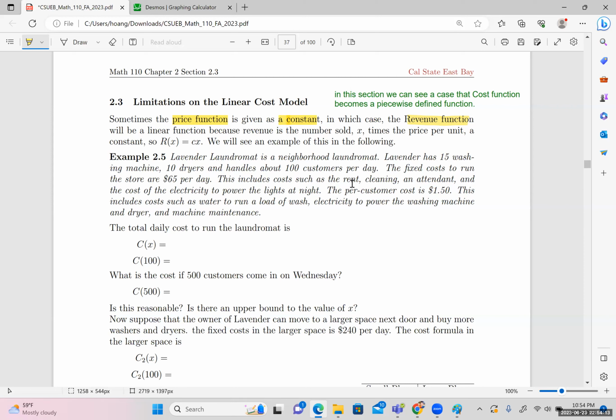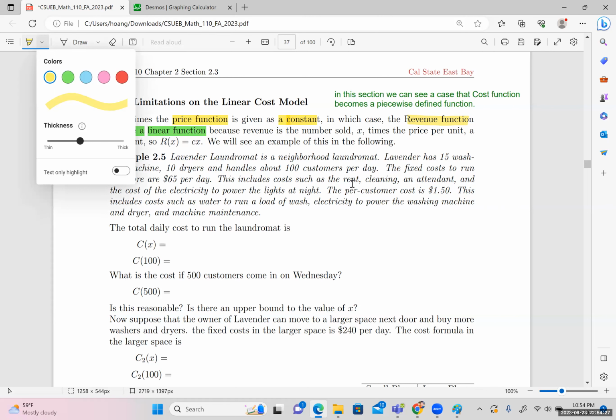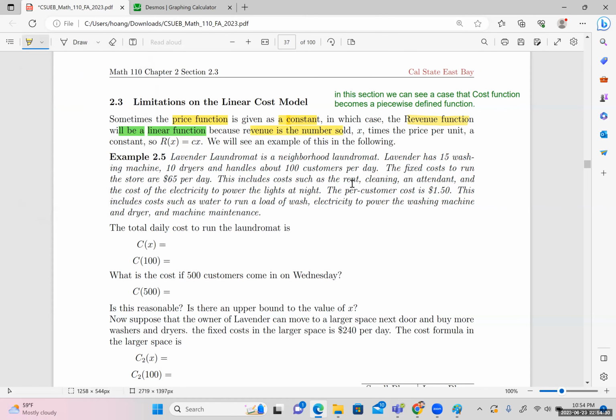In that case, the revenue will be a linear function. The reason is that the revenue will be the number of items sold times the price per unit.